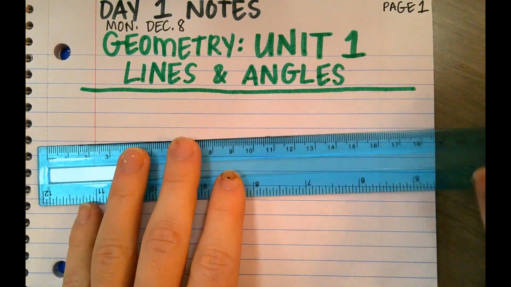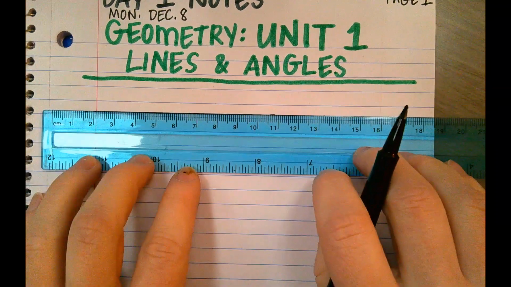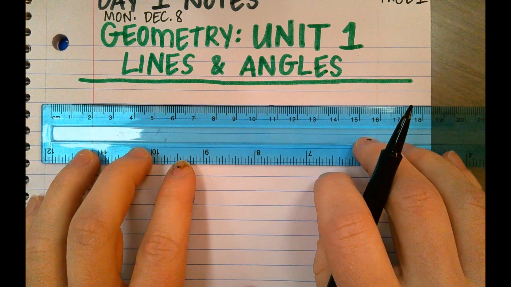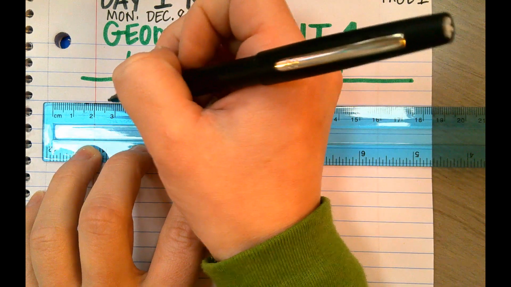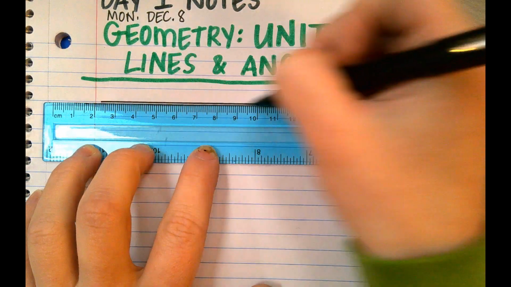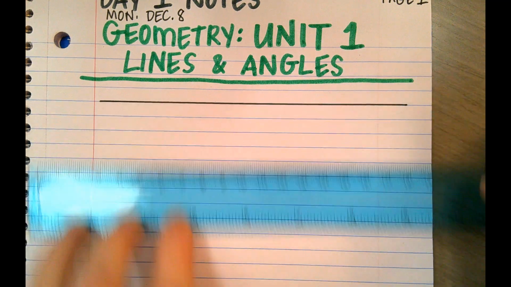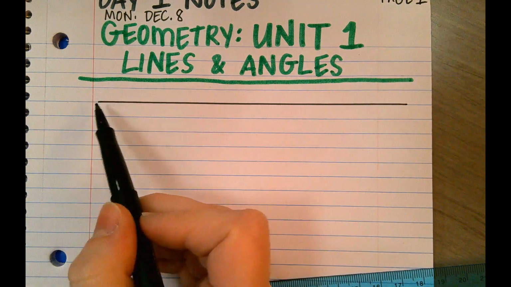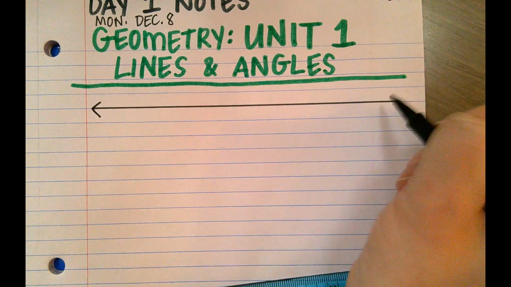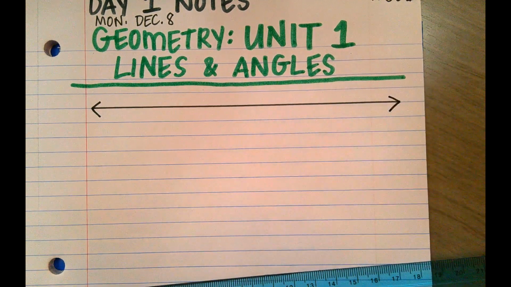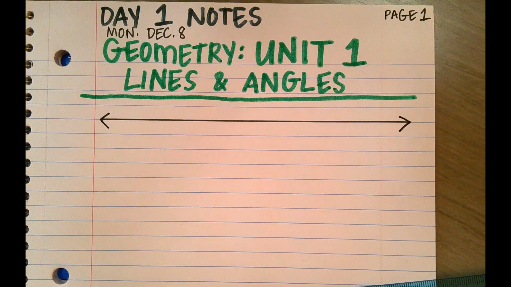And with that ruler, we are going to trace a straight line across our paper. I'm going to do it going all the way across, like that. And on each end of this line, I'm going to draw arrows. So start by drawing a line with arrows on the ends.